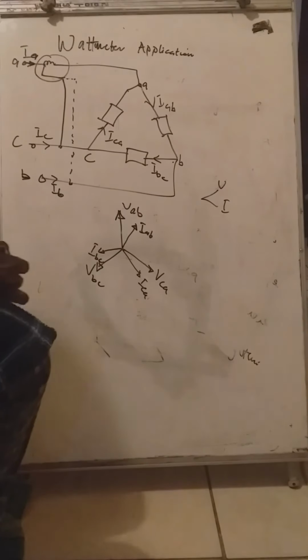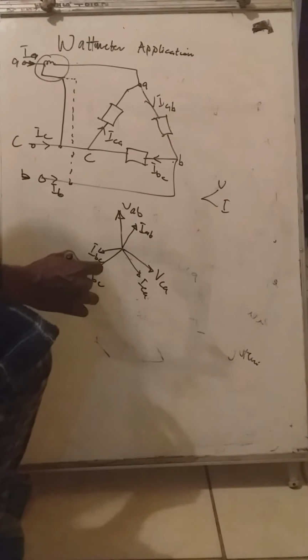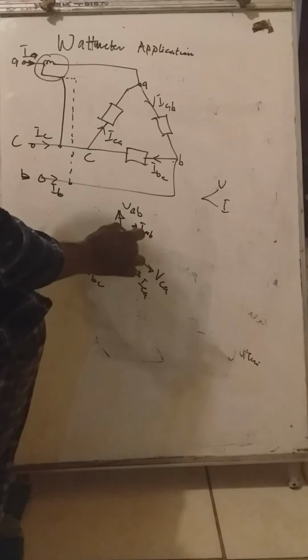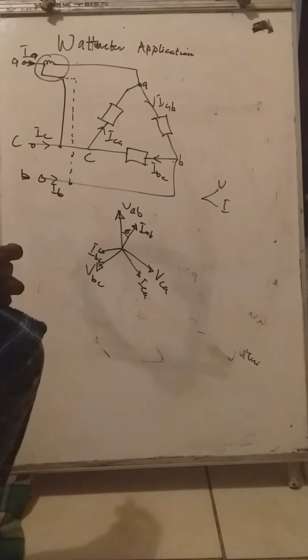So invariably, the angle between VAB and IAB is regarded as just phi, because we don't know the angle, we just know its angle phi.